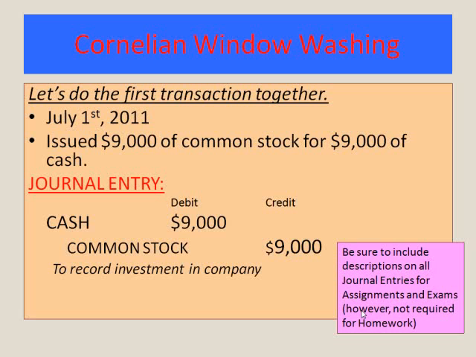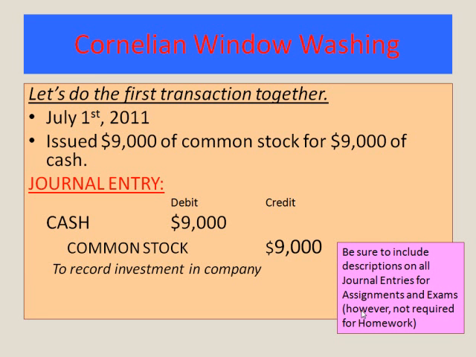We're going to increase cash. Remember, we're doing this from the point of view of the company, not Brett Favre. So we increase cash with a debit of $9,000, and we also increase common stock for $9,000. That's a credit to common stock.